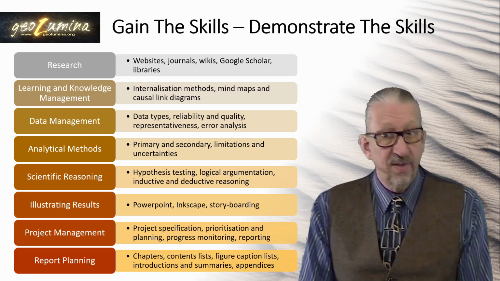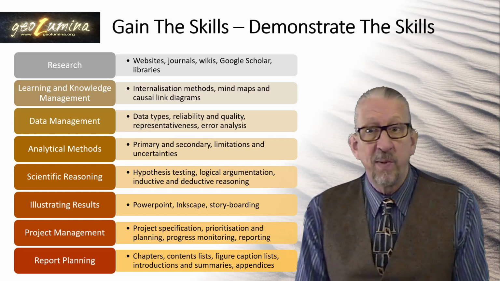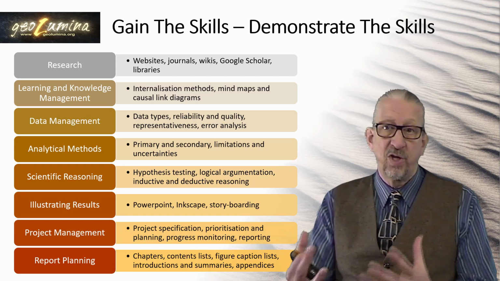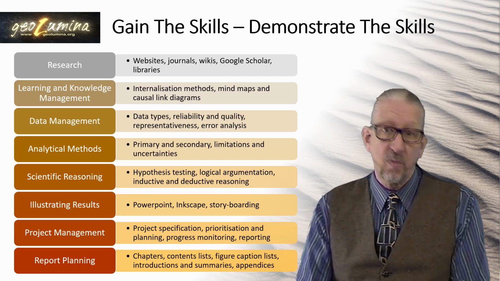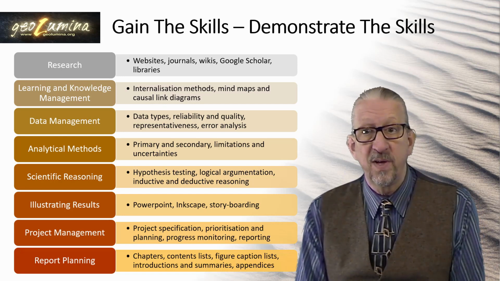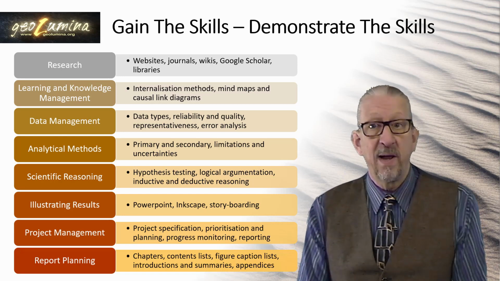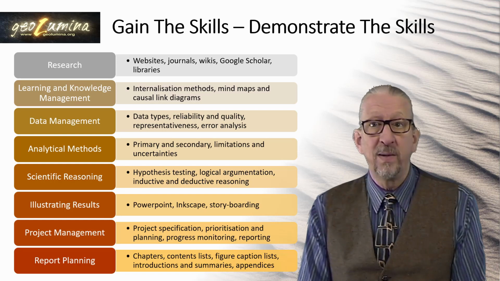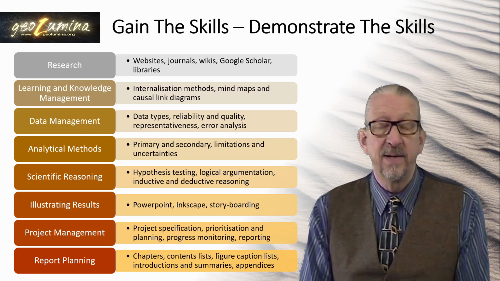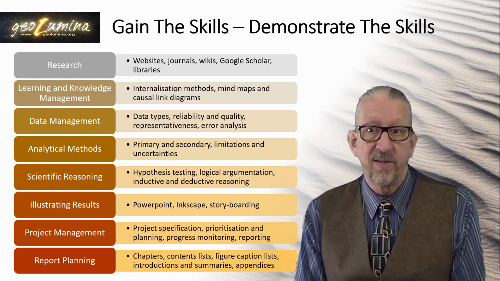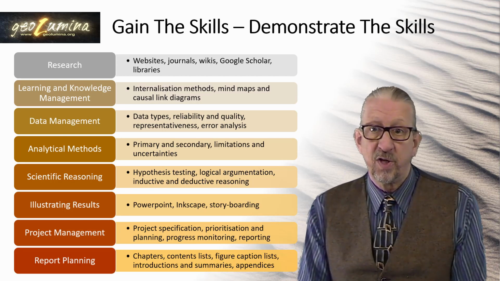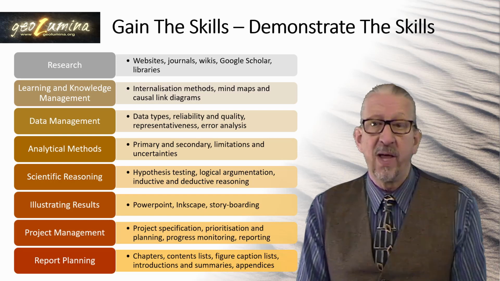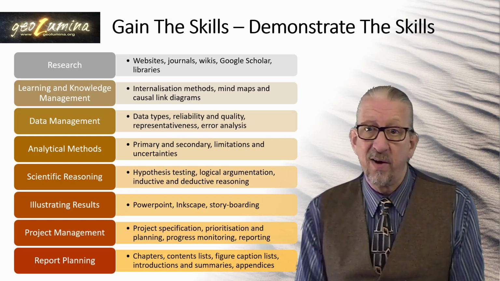Then once we've got past the scientific reasoning, we've made the arguments and we've established the outcomes to our objectives, then we need to communicate those with words to a certain extent, of course, but also, more importantly, I think, with illustrations, well-designed, well-annotated illustrations of various types. And in this day and age, those are expected to be digital, and more than likely you'll have to create them yourself.